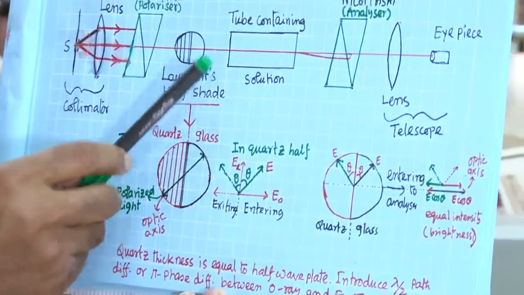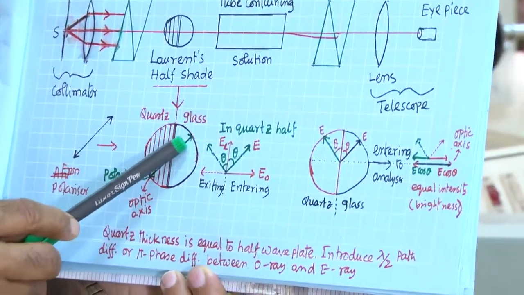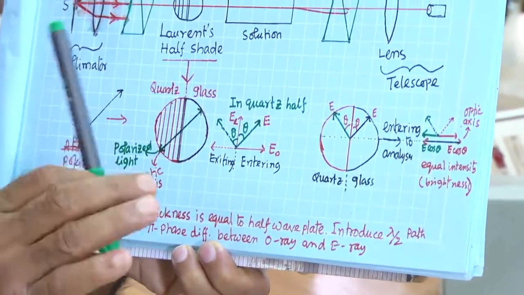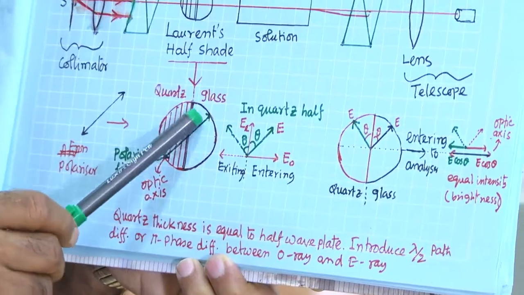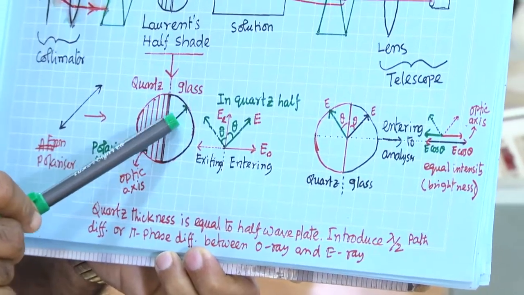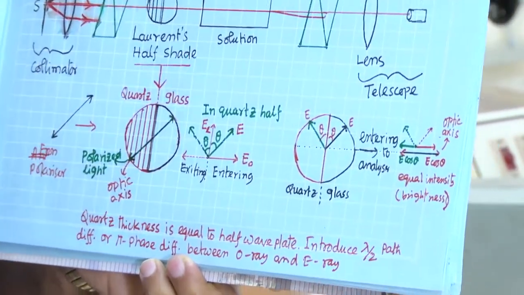So, when it passes through this plate, the electric component through the glass will not change anything. It will be of equal intensity when it goes to the other side.